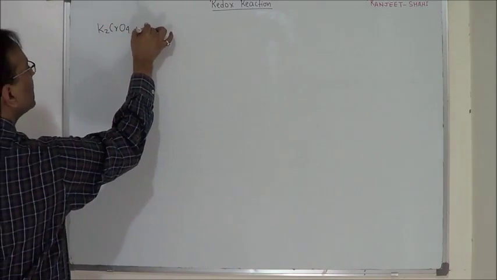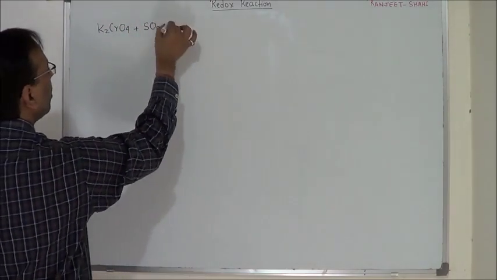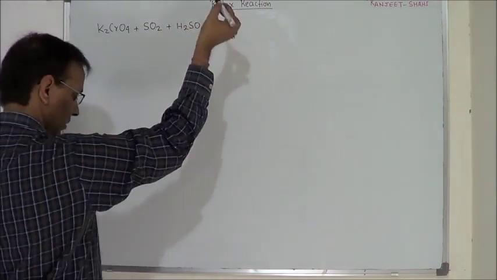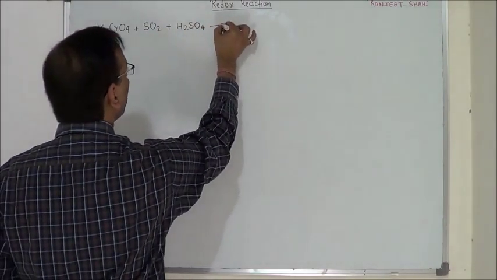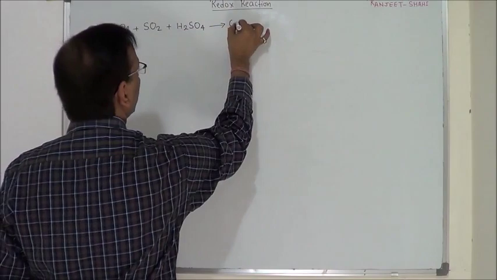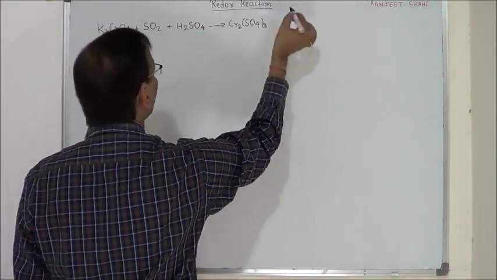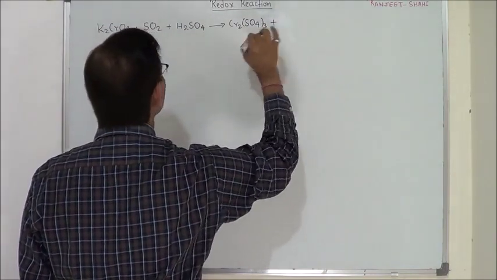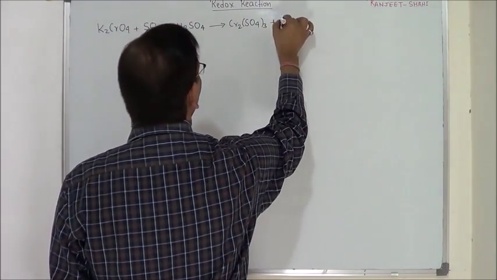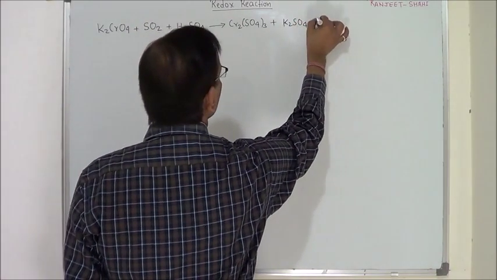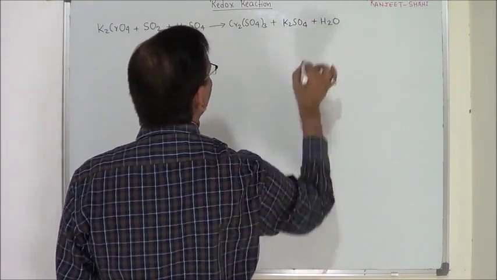K2CrO4 plus SO2 plus H2SO4 giving Cr2(SO4)3 plus K2SO4 plus water.